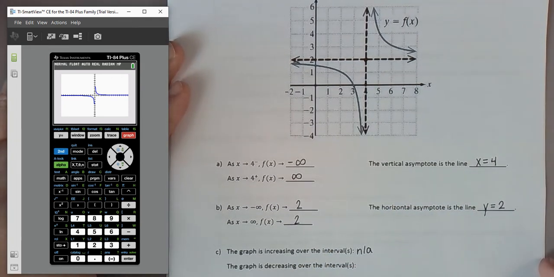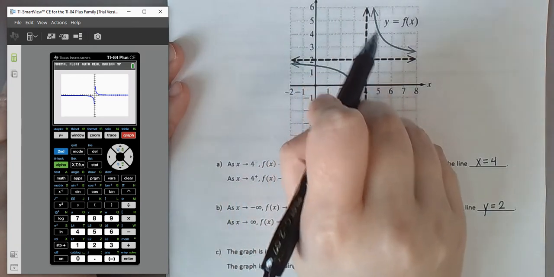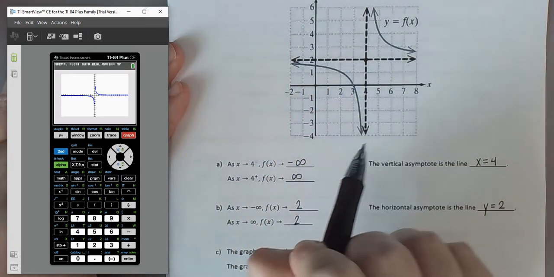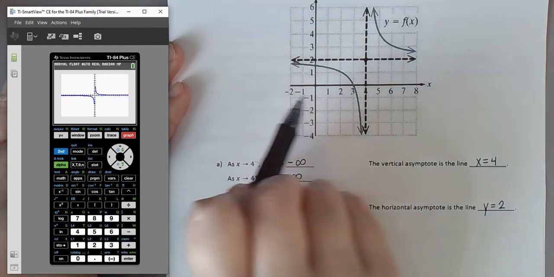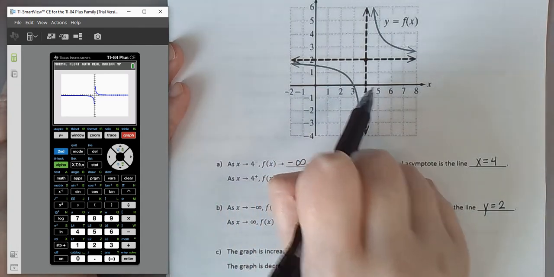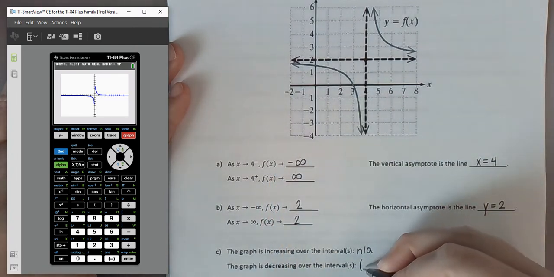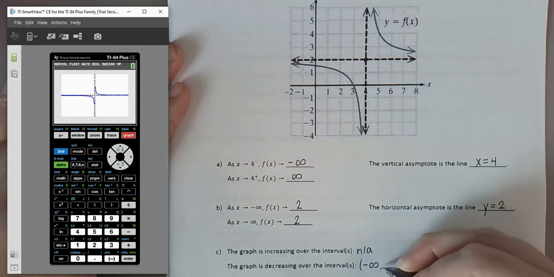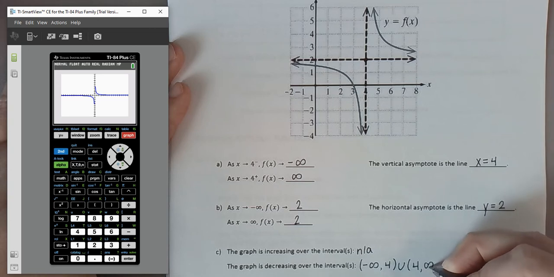So if we're going to define the intervals where we're decreasing, we can only define it for the portions of the x-axis where we actually have function values represented. So from negative infinity to 4, and then from 4 to infinity, not including 4. So we're decreasing over the interval from negative infinity to 4, not including 4. And then we're also decreasing over the interval from 4 to infinity.